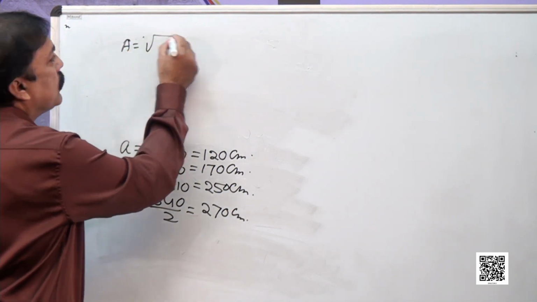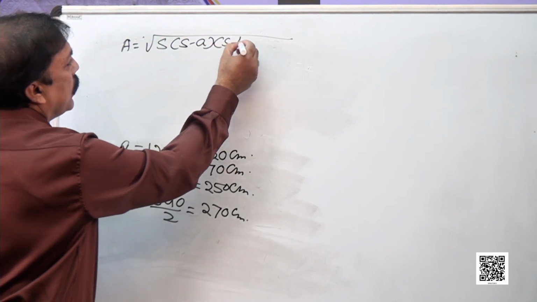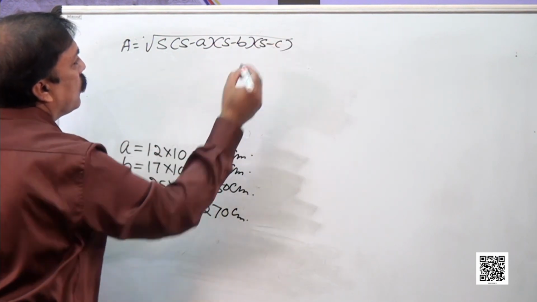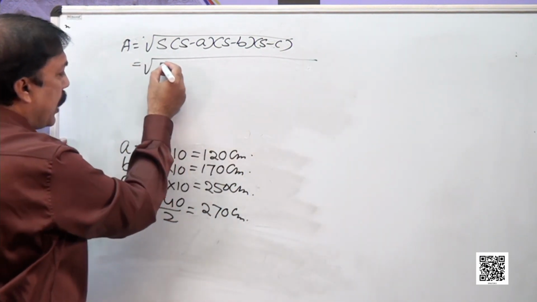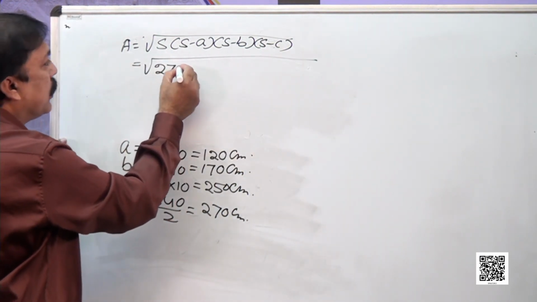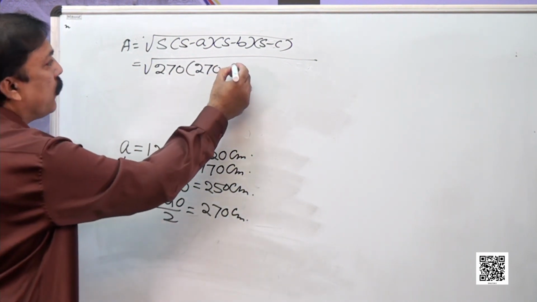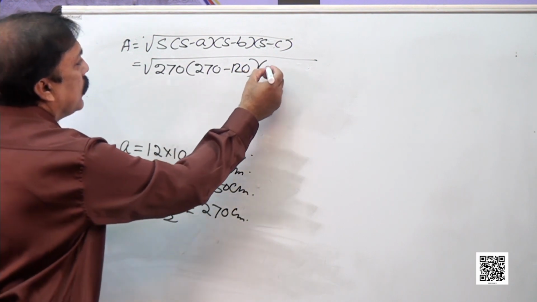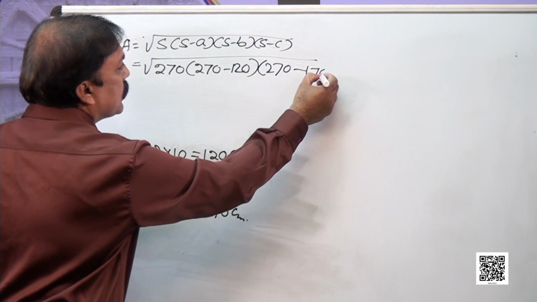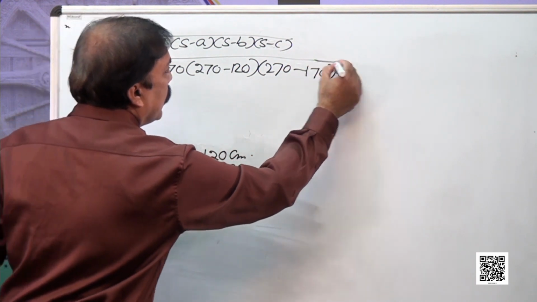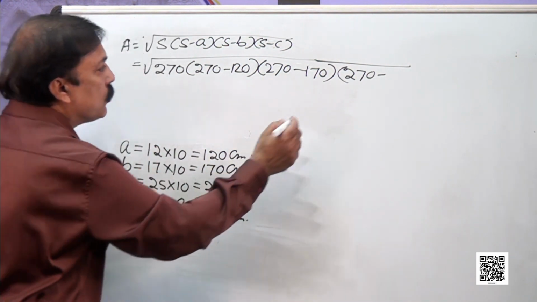Area is square root of S into S minus A into S minus B into S minus C. Now you see S is 270 and 270 minus A is 120, then 270 minus B is 170, and 270 minus C is 250.